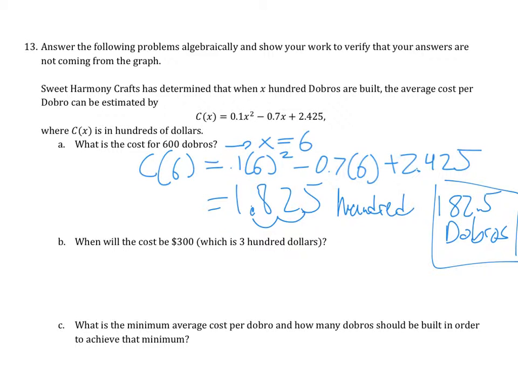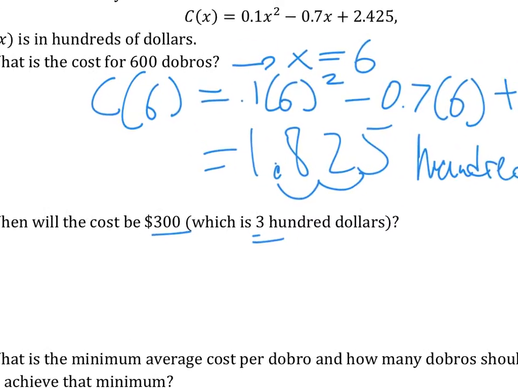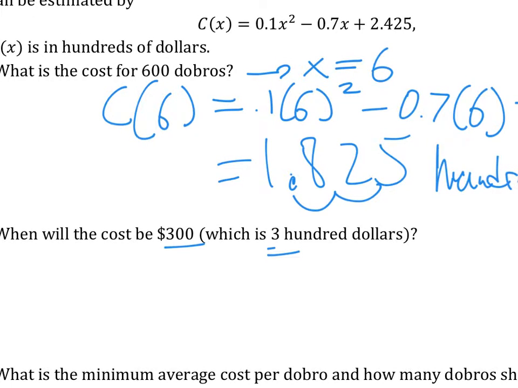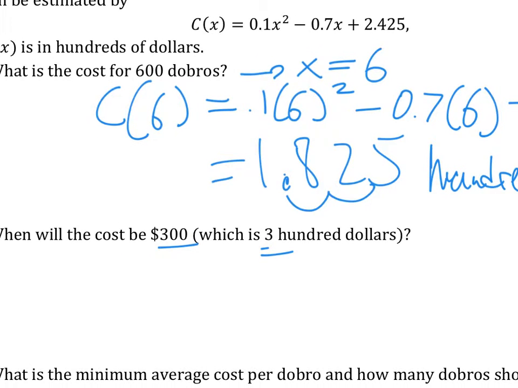Now we want to know when the cost will be $300. So that's 3 is what we want C to be. So let's go ahead and write our function. We want 3 to be equal to 0.1x squared minus 0.7x plus 2.425.